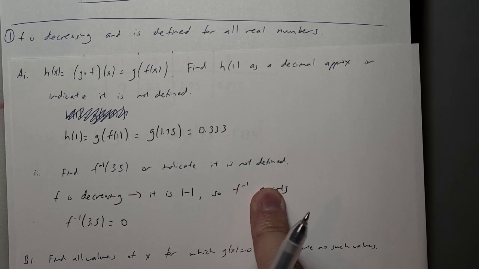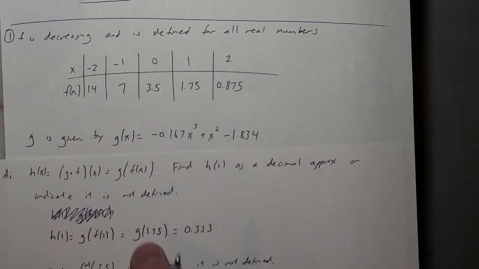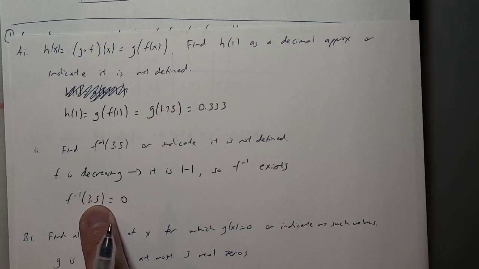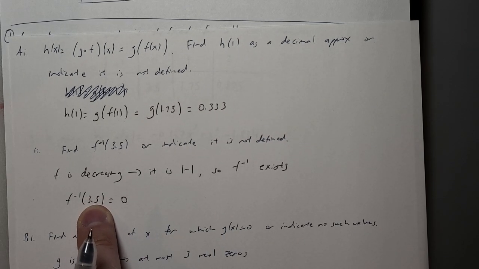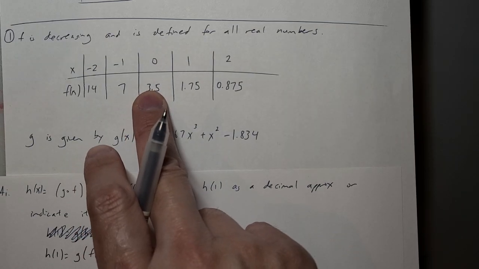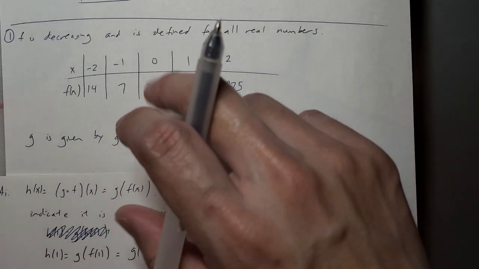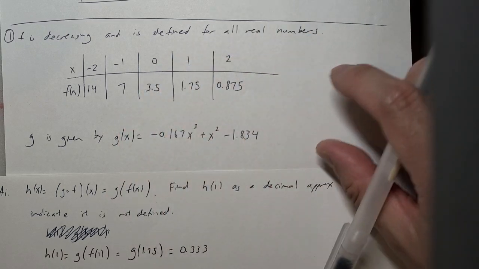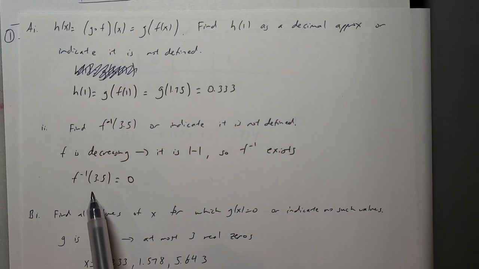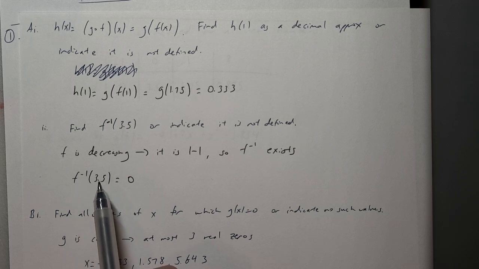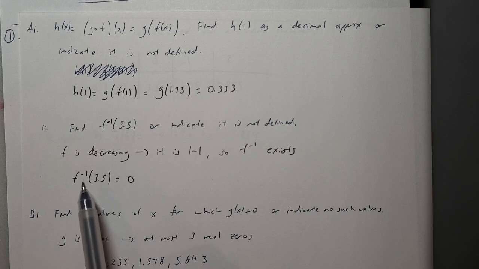Since f inverse exists, f inverse of 3.5, that means what value of x gives us a y value of 3.5? That's 0. So remember, f and f inverse, the input and output are swapped. So if we're interested in f inverse of 3.5, this is the input to f inverse.